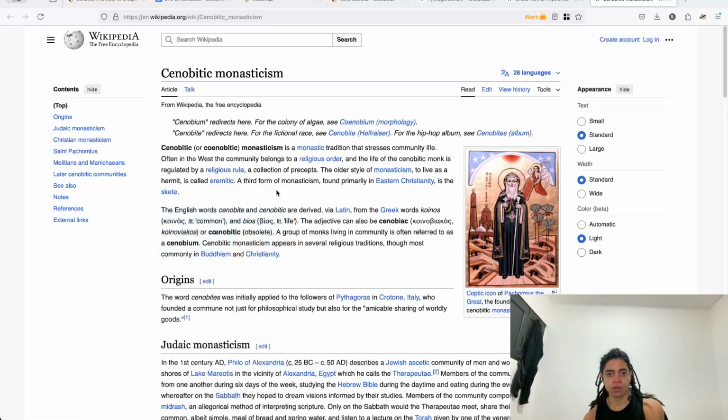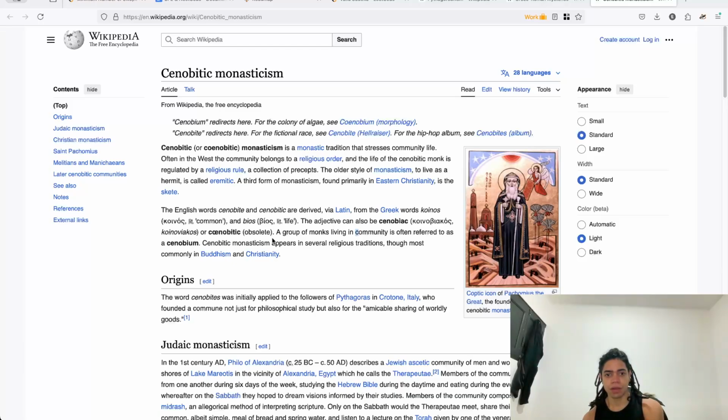The English words cenobite or cenobitic are derived via Latin from the Greek words koinos, common, and bios, life. The adjective can also be cenobiac, in Greek koinobiakos, or cenobit, obsolete. A group of monks living in a community is often referred to as a cenobium.